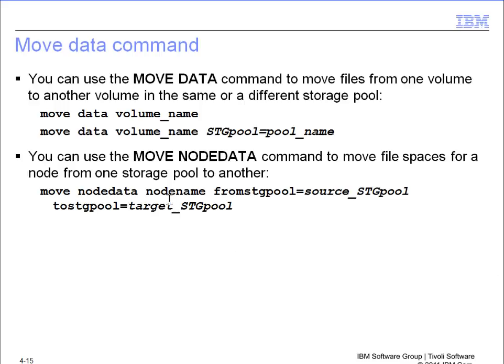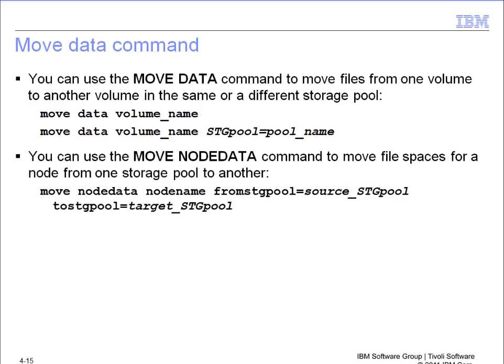Move node data, the name of the node, from storage pool and the name of your source storage pool to storage pool and the name of your target storage pool. This way you have just moved all of your data for one node from one storage pool to another storage pool. The command above it, move data, volume name, storage pool name, is you're changing volumes.